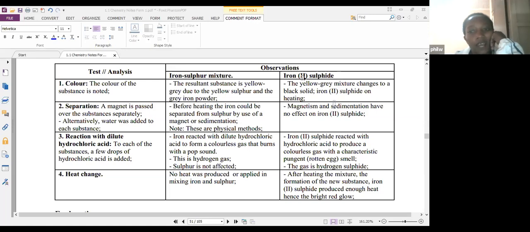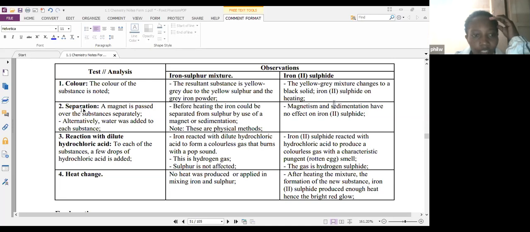Again, the iron(II) sulfide, the compound that was formed, was black in color. The yellow-gray mixture changes to a black solid. So that tells you that is one difference between the mixture and the compound.